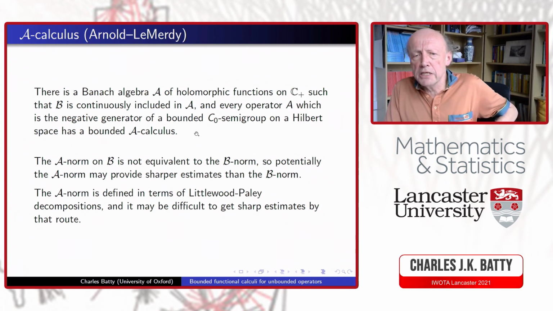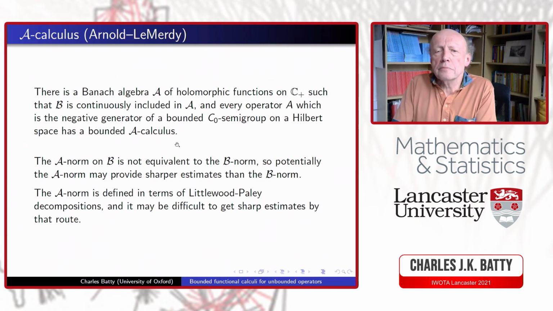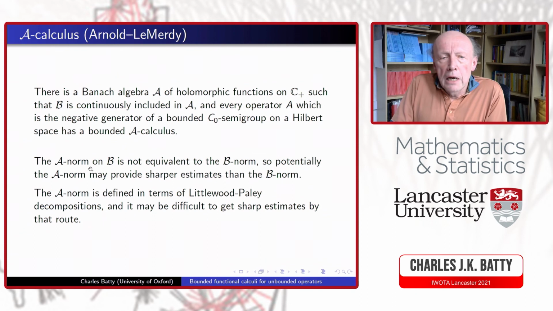So they are extending the B calculus to a larger class of functions. You can consider B in its own norm, you can consider it in the A norm. They're not equivalent norms on B. The A norm is smaller. So potentially the A norm may provide sharper estimates than the B norm.